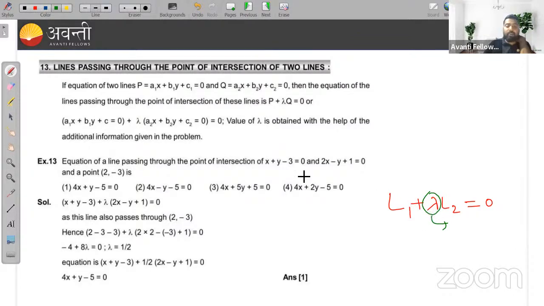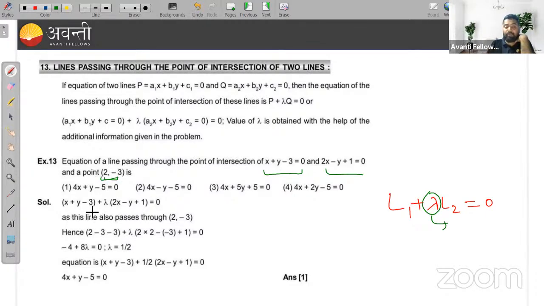So suppose in this example you have two lines and you have a point also. How can you find the equation of the line passing through the point of intersection and this point also?